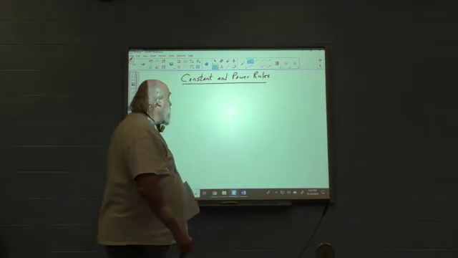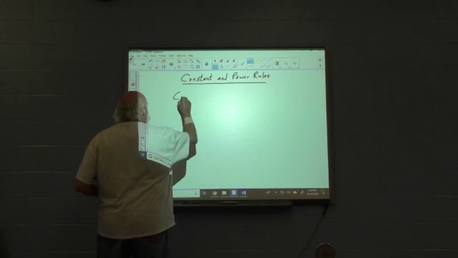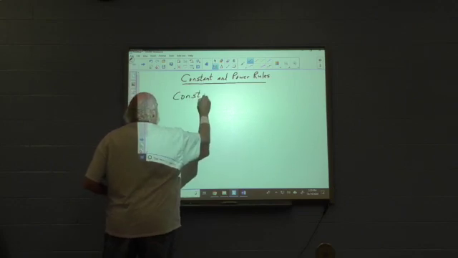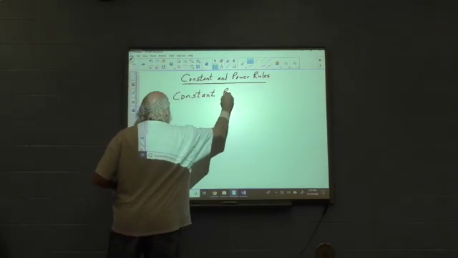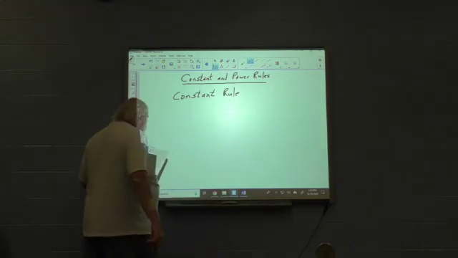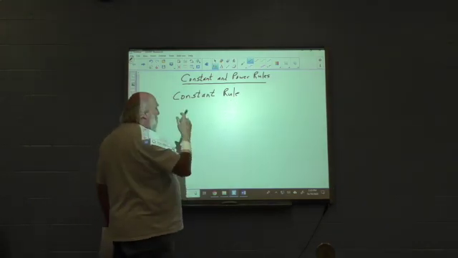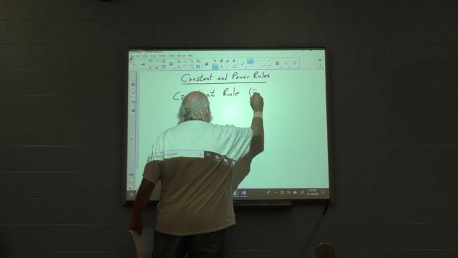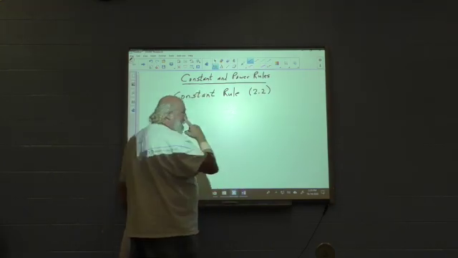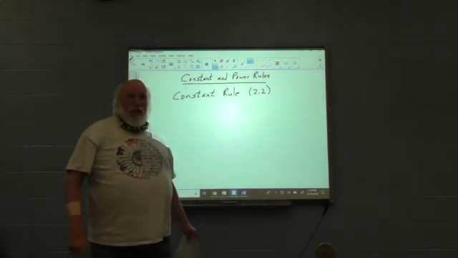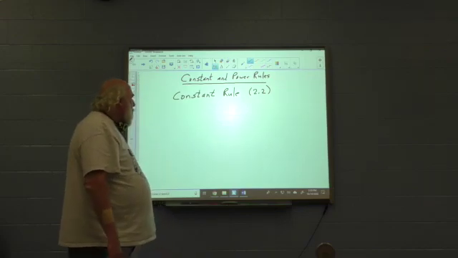The first one is an easy one, and that's called the constant rule. Now, we're looking at section 2.2 in your book. That's the second section of chapter 2, dealing with differentiation.